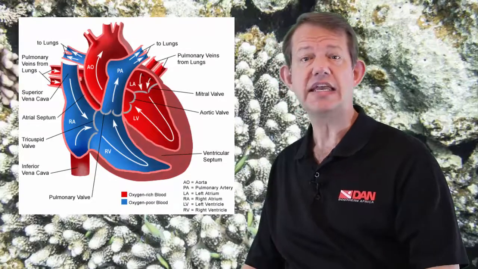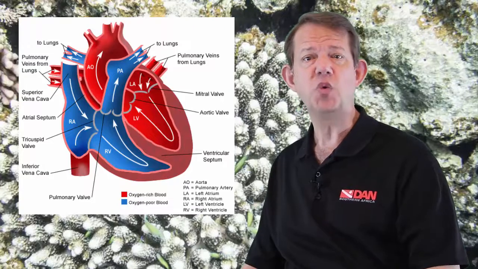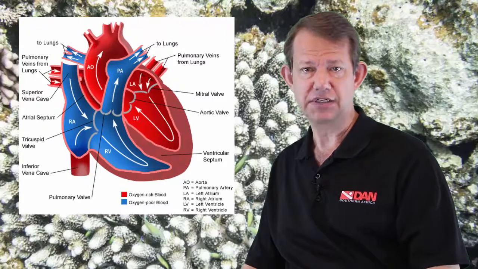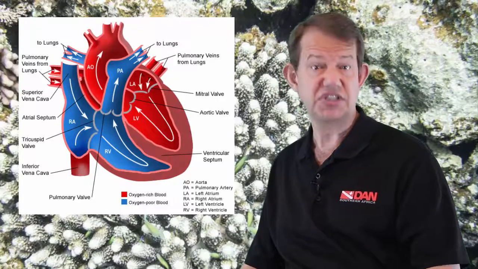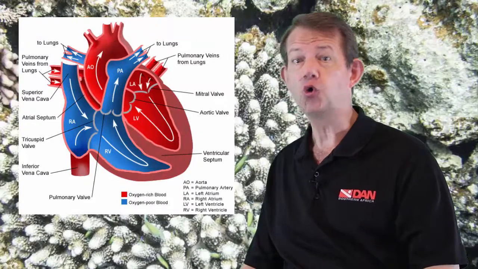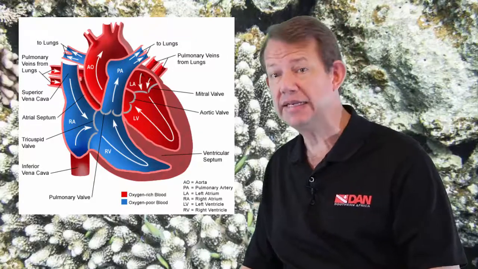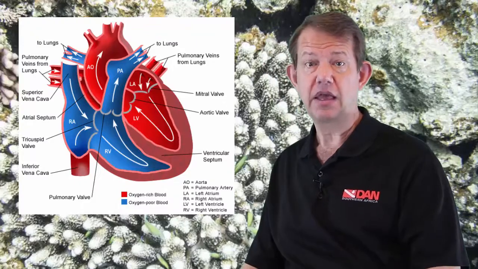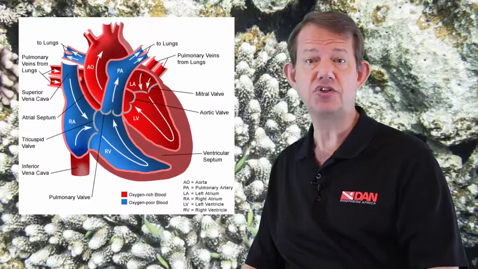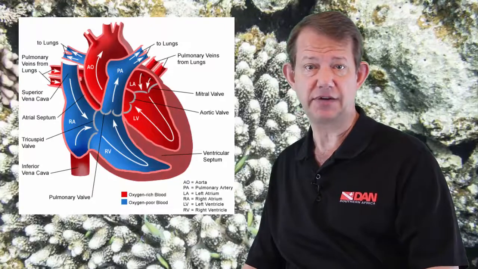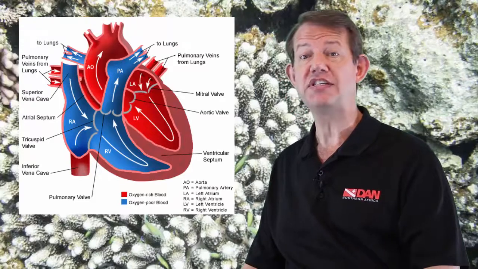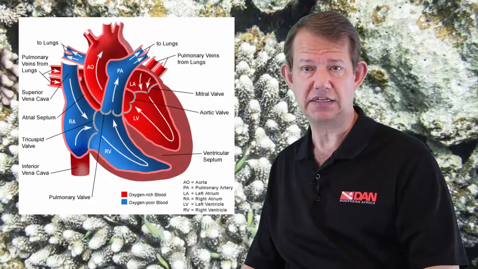This results in a cardiac output which translates to about 5 liters of blood every minute, or 7,200 liters per day, or 2.6 million liters per year, or 184 million liters over the average of a 70-year lifespan. That output is just to meet the body's basic metabolic needs.